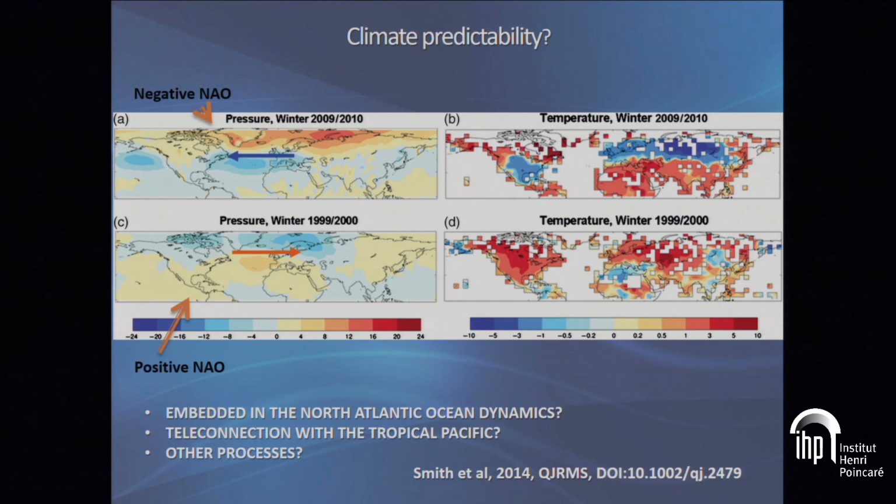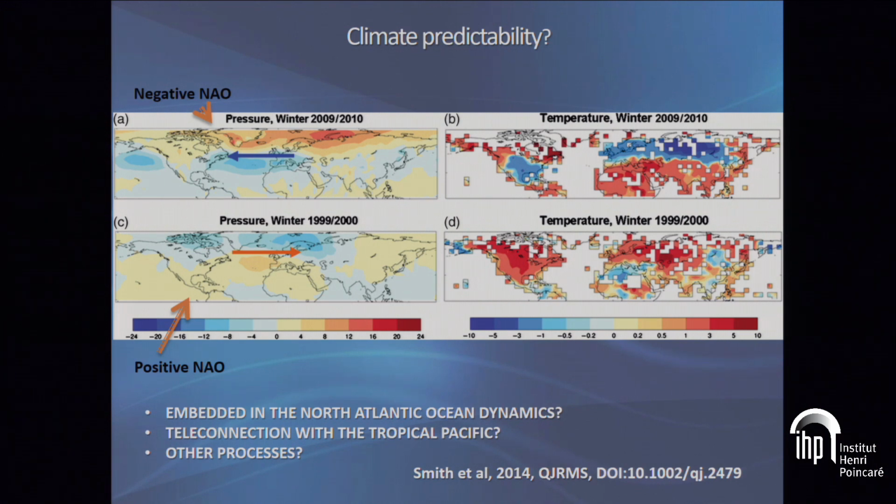So, of course, we would like to use this information, but in fact, the problem is that the climate models have a lot of difficulties to reproduce these dynamics. So there are questions there. What is the source of this low frequency variability? It could be associated to some teleconnections, for example, with the tropical Pacific, or it could be also associated with the coupling with the other components of the climate system, like the ocean.